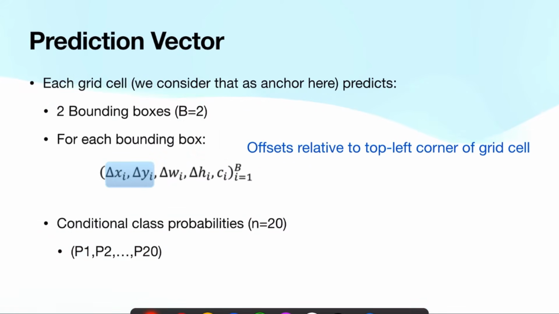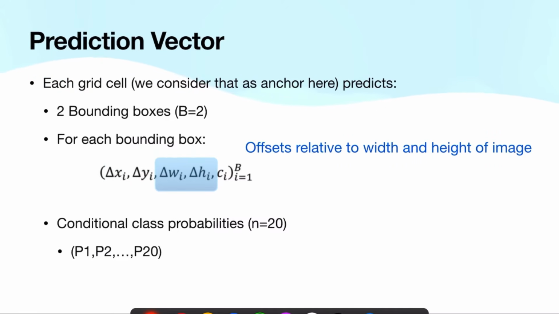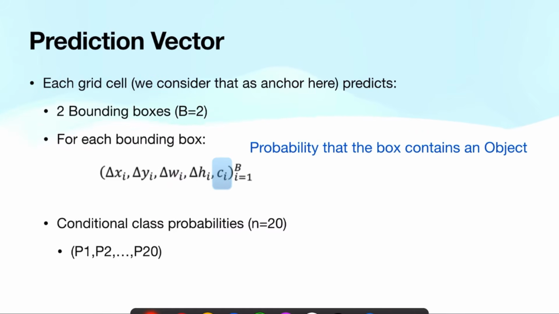So if you see this, the first two are offsets relative to the top left corner of the grid cell. And these delta W and H are with respect to the total image, and the C is the probability that the box contains an object. This still doesn't know what class it is, what category it is. It only knows that it has an object or not.